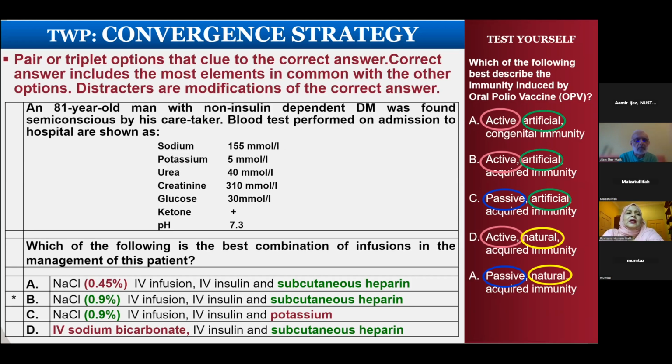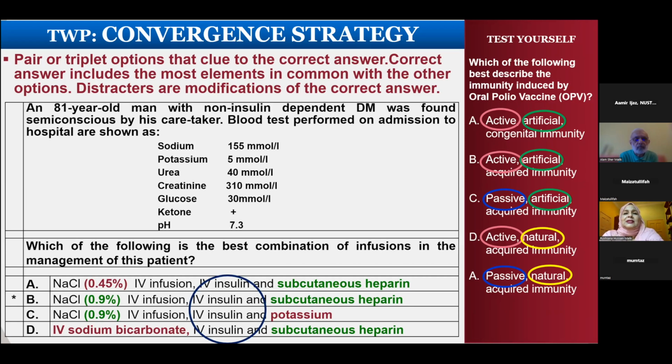They will identify the best answer by the exclusion method. Insulin is present in all of them. Sodium chloride in IV infusion, the percentage is different, so they will highlight which things are coming only one time and which are coming multiple times, and by the method of exclusion they can find which is the correct answer.